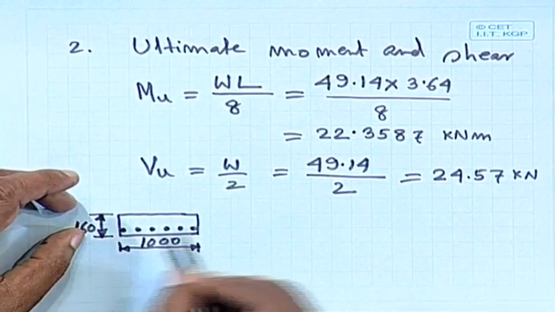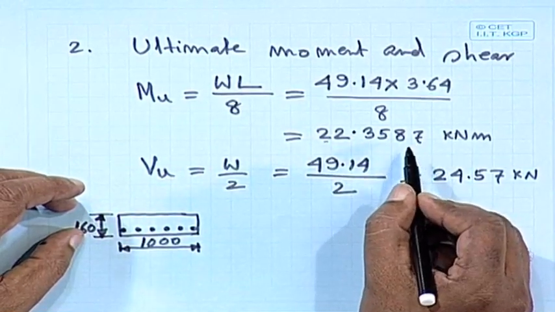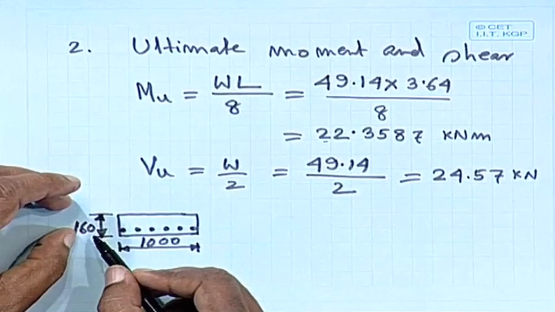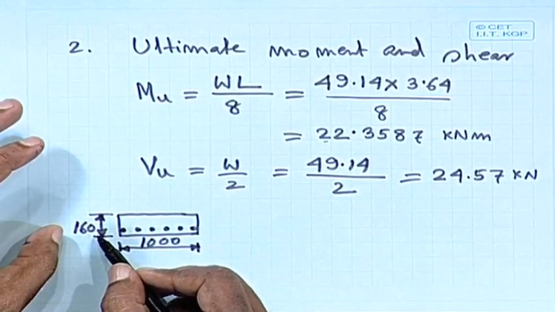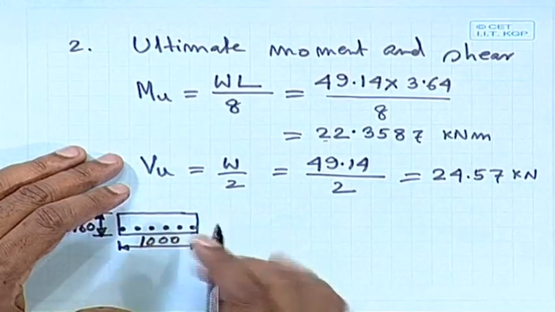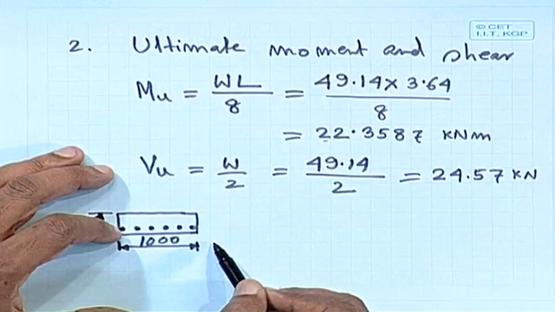We have to check that the effective depth computed from this moment is less than the provided effective depth. If it is okay, we accept it and then find out the area of steel.